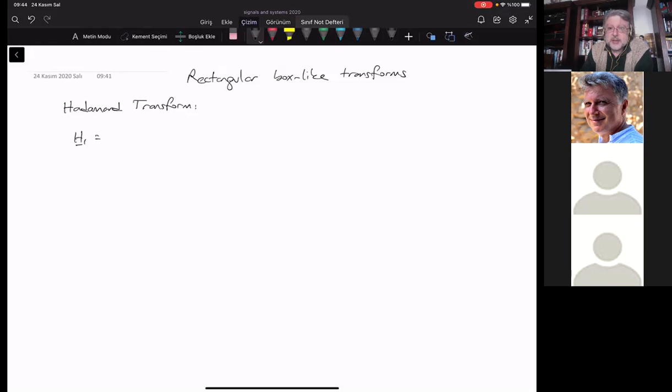Let's call it H sub 1 matrix, and that is equal to a 45 degrees rotation, 1, 1, 1, minus 1. Why did I say 45 degrees rotation?